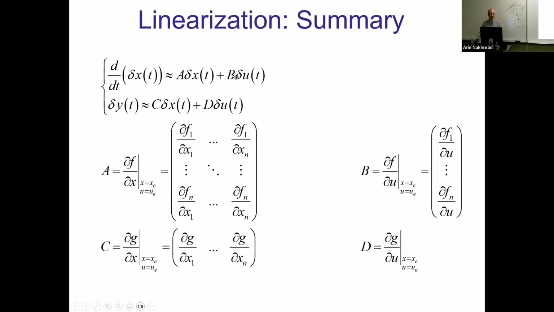But now pay attention that this is not your original system, right? Your original system is x dot, and here it is delta x dot, right? So it's a different system really. So if you want to convert it back to your original system, you will need to do some sort of bias to the equilibrium point of your linear results, because a linear system will always converge to zero, for example, if you have zero input, right?